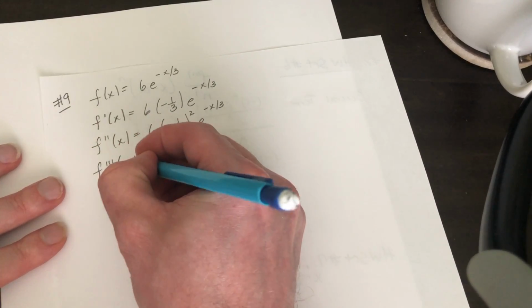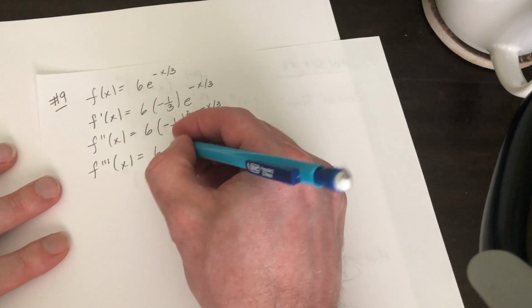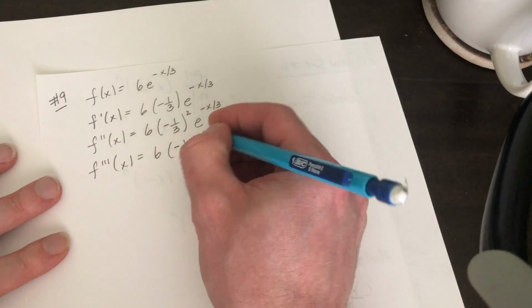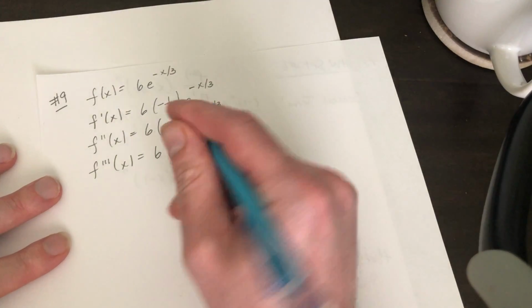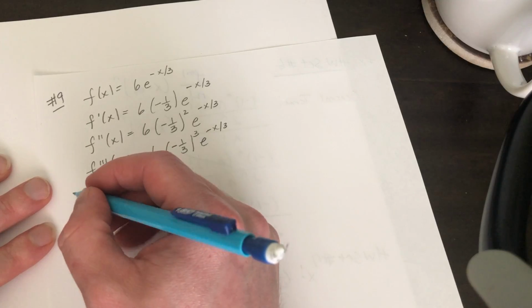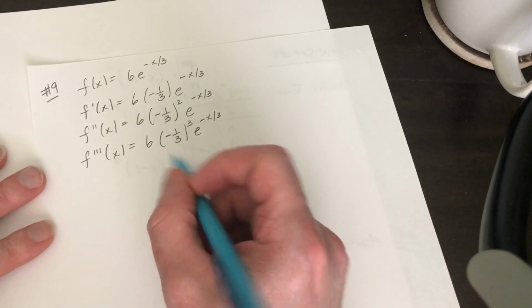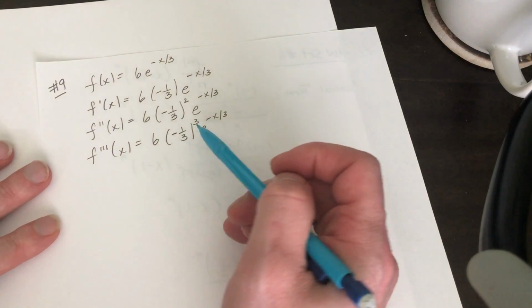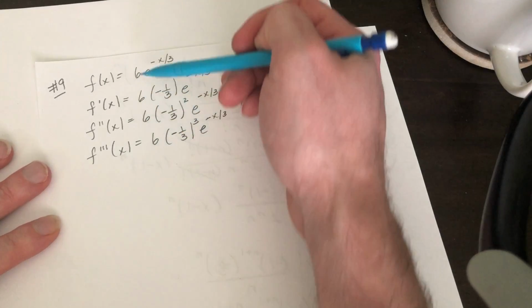And when I take the third derivative, I get 6 times negative 1/3 cubed, e to the negative x over 3. And then if we just go first 4 non-zero terms, that's 4 terms right there. If I was to look for the pattern, the 6 is staying constant.